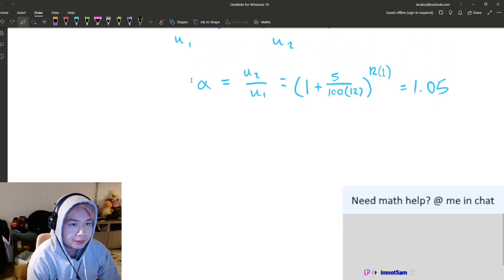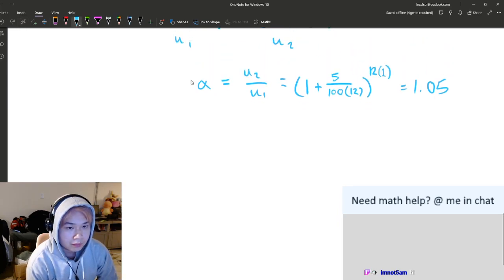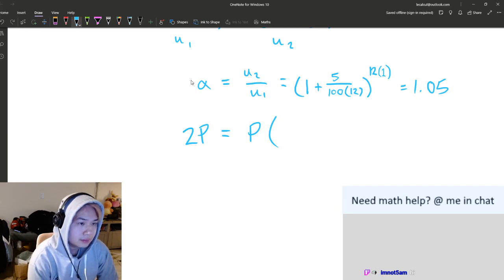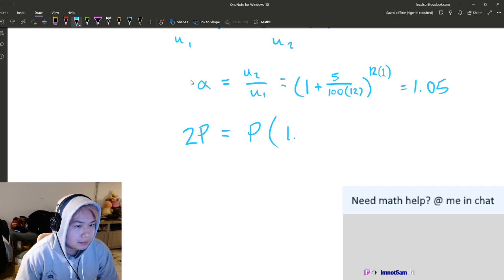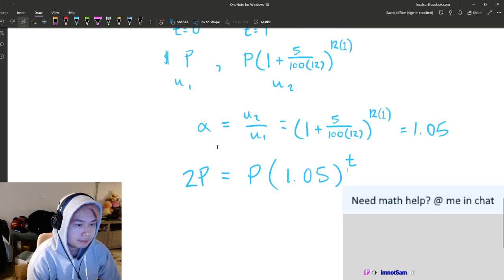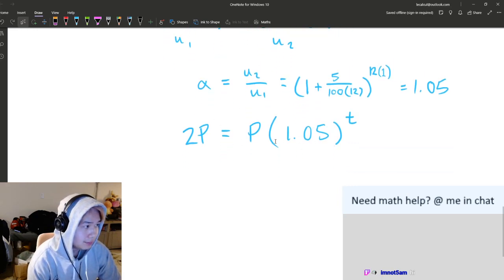So basically, we want the future value to be 2 times P. And then if I'm using the geometric formula, then t is how many years need to pass so that you get double the P's.